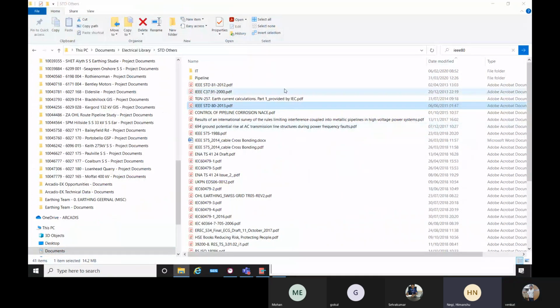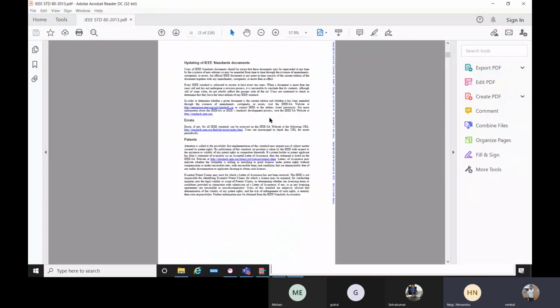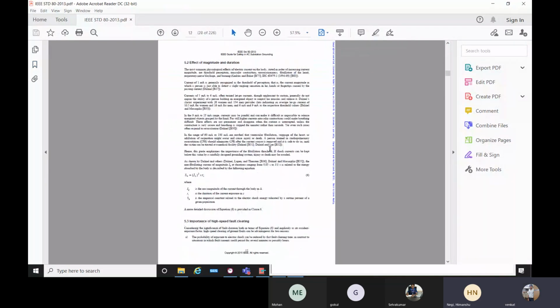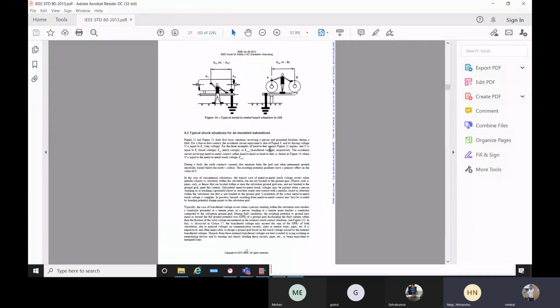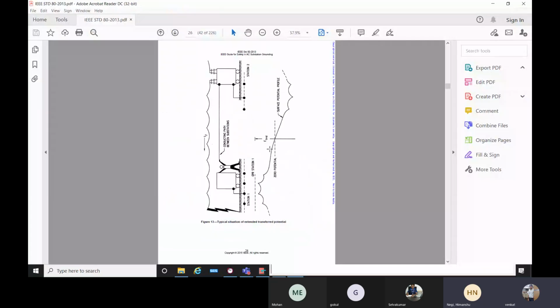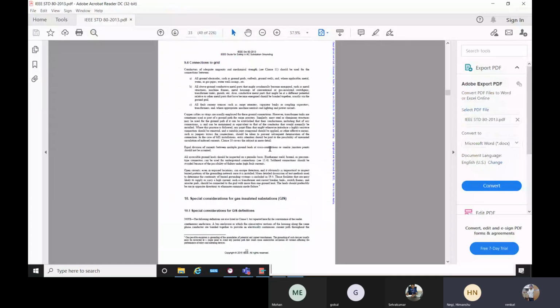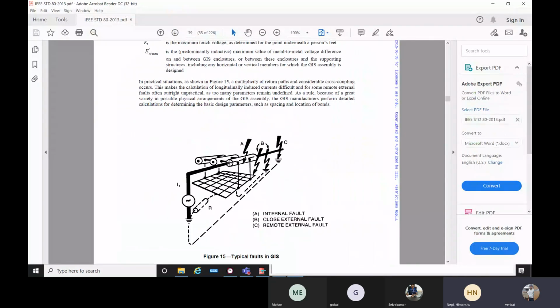Sorry, that's here. So this IEEE 80 has 3 requirements, and that's why people model it in the GIS. This one, sorry. So here, this is how the GIS is.